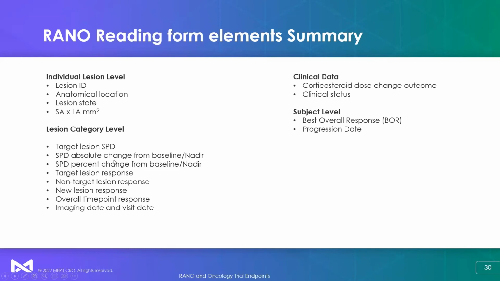We can also record the absolute change and percent change of the SPD compared to the baseline and the nadir. Target lesion response, non-target lesion response, new lesion response, and overall time-point response should also be calculated, along with imaging data and visit dates. On top of that, clinical data should also be recorded in the following 2 bullet points. Finally, per subject, we would have a best overall response or the progression date, depending on our primary interest in the imaging endpoint.